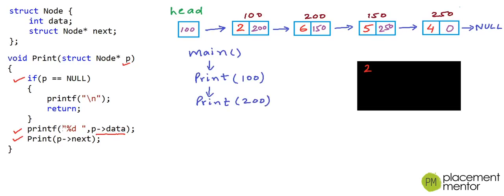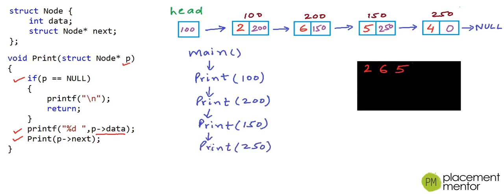The execution of this particular call will not finish until print 200 finishes. We will come back to it. Now print 200 once again prints the data at address 200 and then makes a recursive call to the print function passing address 150, and we will go on like this.